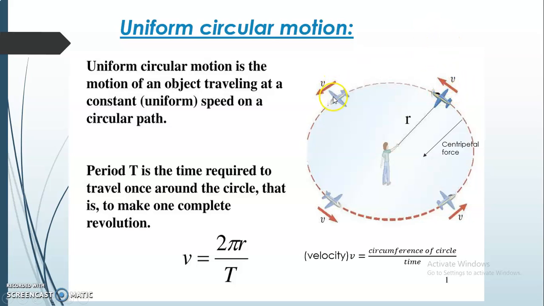At this point, if you leave it, it will go somewhere else out of the circular motion. Try it once. If you have something, tie a stone with the thread and try to revolve it in the circular path, and when you leave it at any point, it will just move out of the circular path and go somewhere else.